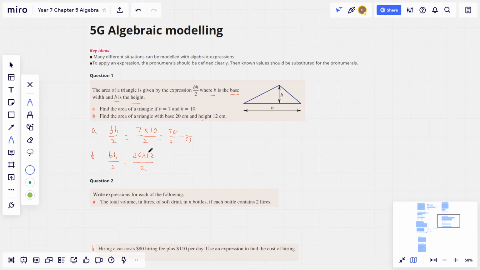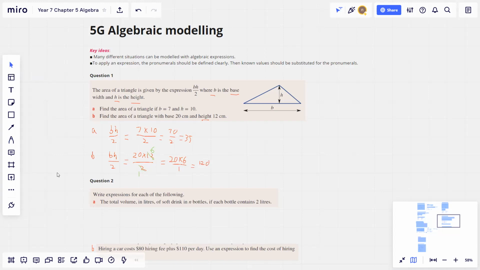So we can divide by 2 on both sides. 12 divided by 2 gives you 6, and 2 divided by 2 gives you 1. Then we can write it as 20 times 6 over 1, which is 120. That's your answer for the second question.